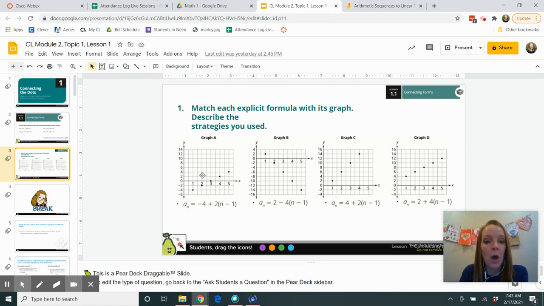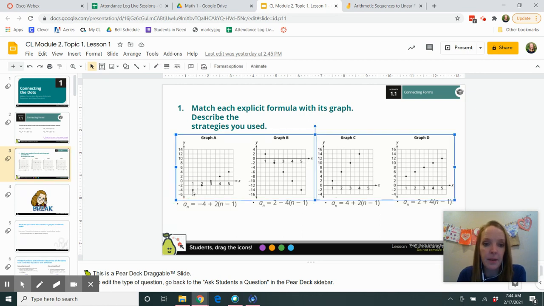When we go from 1 to 2 on our x-axis and 2 to 3 and 3 to 4 and 4 to 5 and so on, every single time we move over 1 on our x-axis, your y-axis is going to go up 2 because that's the common difference. So this point right here is at -4. And it looks like this one did go up 2. This one went up 2 more, up 2 more, up 2 more.